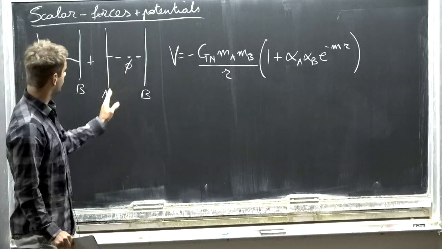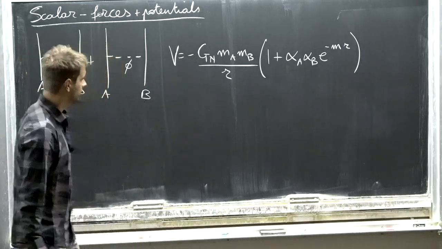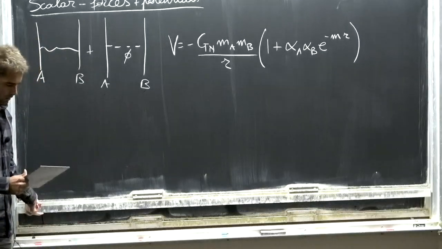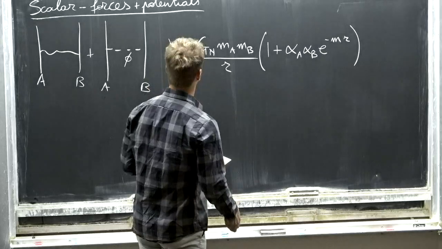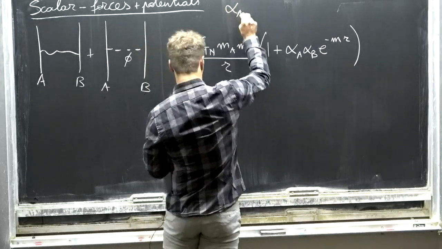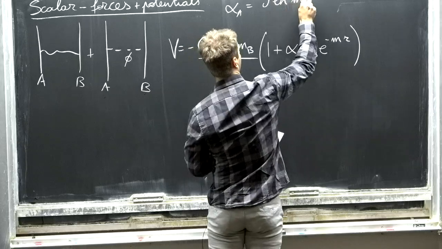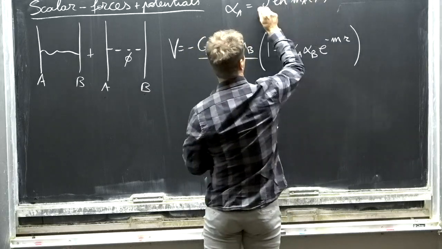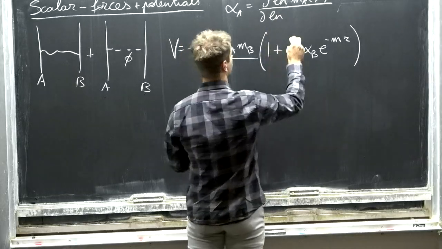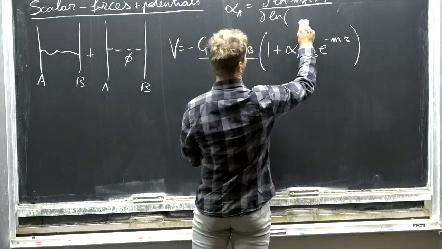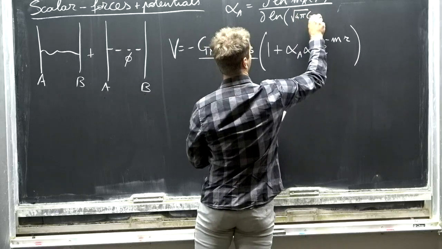And then by atom A, and then particle B feels the gradient of the scalar, which would be some correction to the force. Those alpha A's and alpha B's would be the fractional change of the mass of the atom, in units as you vary fractionally this phi over m Planck, roughly.